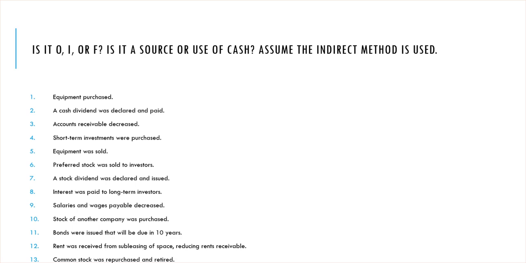Under the indirect method, when you do current liabilities, those changes then show up in the operating area. And then a repurchase of common stock. If you have stock transactions, they show up in financing. So any type of a stock transaction ends up in financing. And if you have a repurchase, it's a treasury stock, and treasury stock is going to show up in financing.